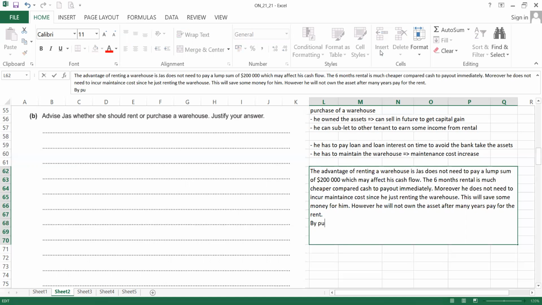By purchase of a warehouse, the asset belongs to him.